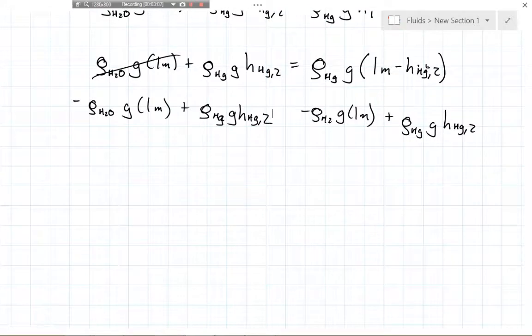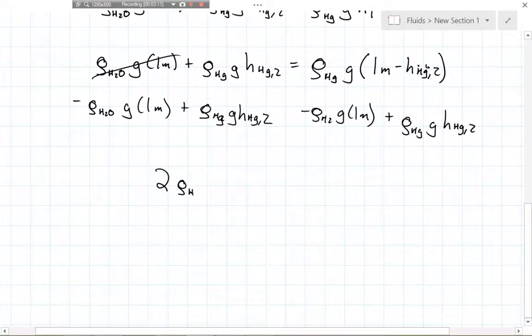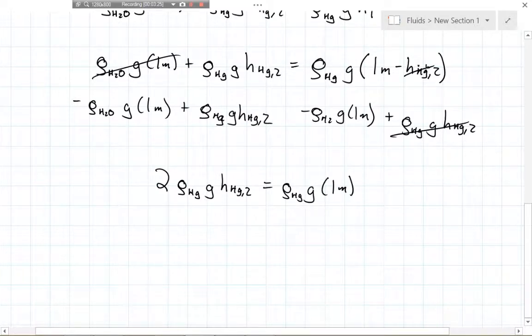If I do that, on the left side I have 2 times the density of mercury times G times the height of the mercury in container 2 is equal to, and over here this one cancels with this, and on the right side I have the density of mercury times G times 1 meter minus the pressure caused by water. So this is equal to the density of water times G times 1 meter.